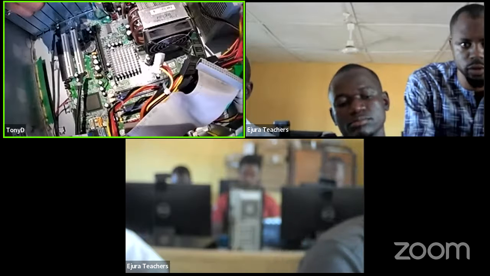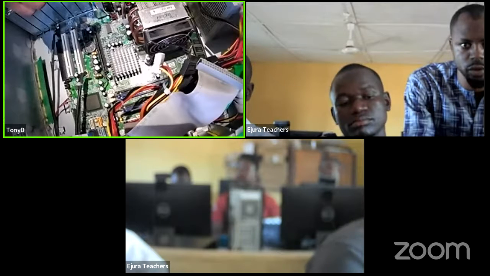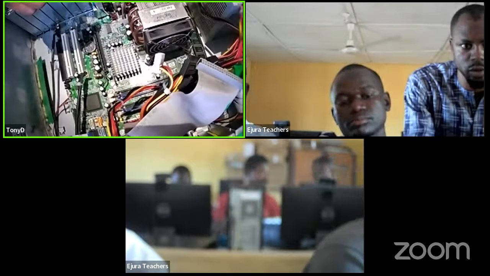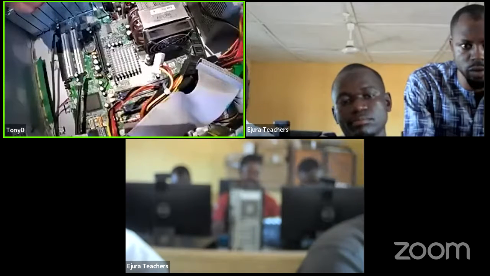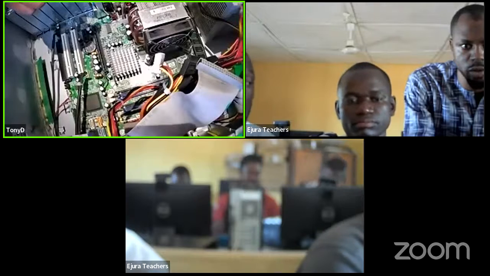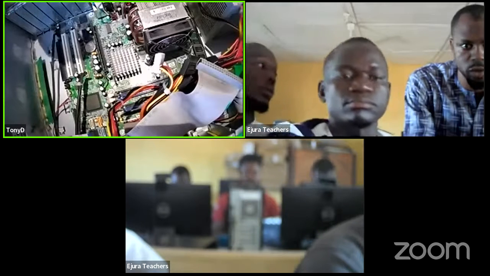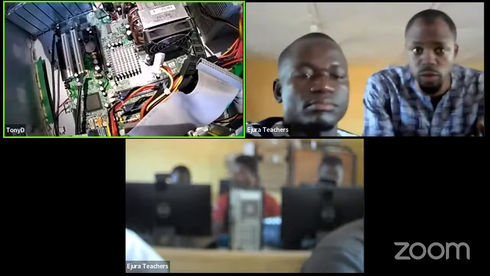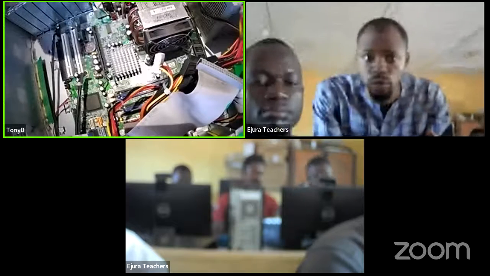So the CPU is the main device, the brain of the computer. The brain of the computer tells the devices that are connected to it so that they can function right.